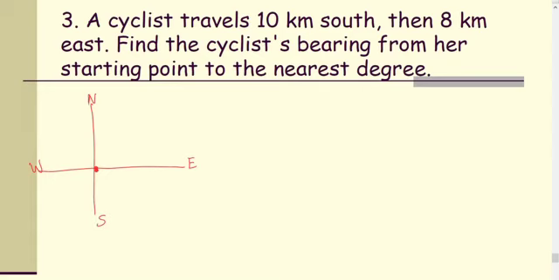Let her starting point be the origin. The cyclist travels 10 kilometers south, and then 8 kilometers east. We are going to find the cyclist's bearing from her starting point to the nearest degree.